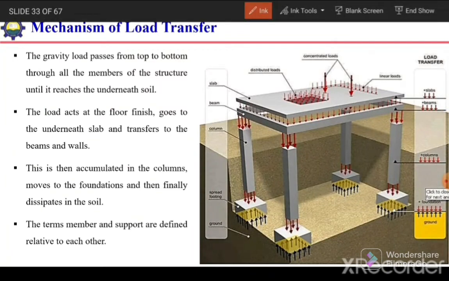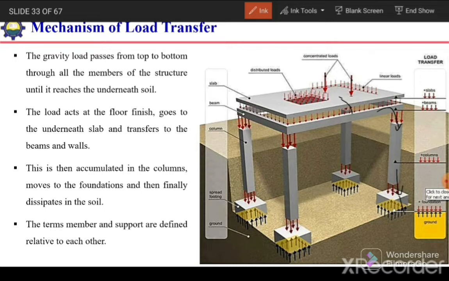Next is the mechanism of load transfer. The gravity load passes from top to bottom through all the members of the structure. The load of the slab will go to the beam, and the load of the beam and all the load that has been supported by the beam will go to the column, and then all the load supported by the column as well as the self weight of the column will transfer to the footing, and then this footing will transfer the load to the soil.